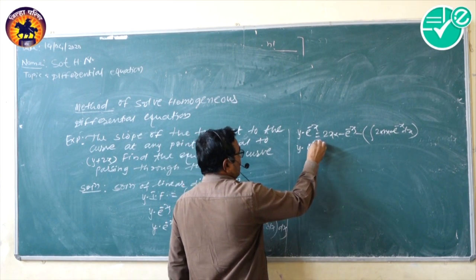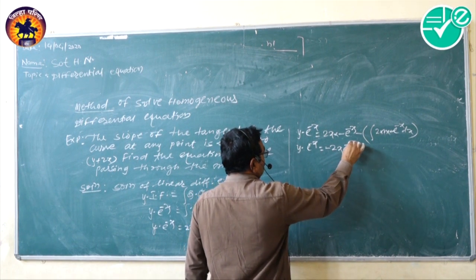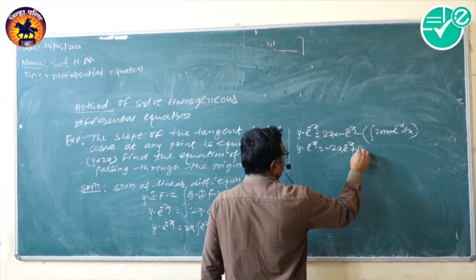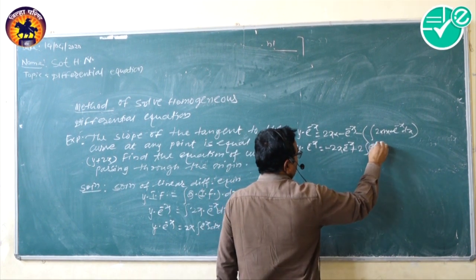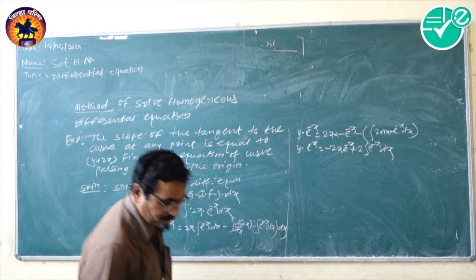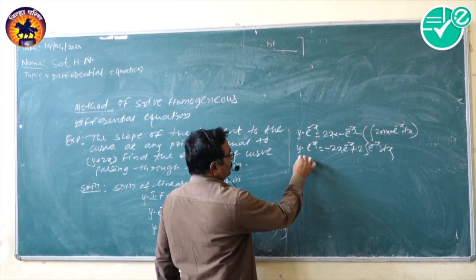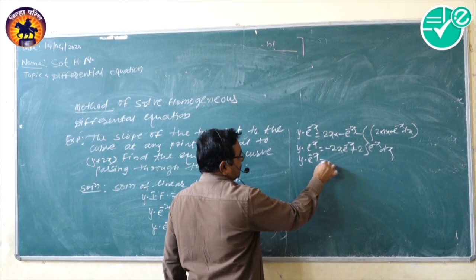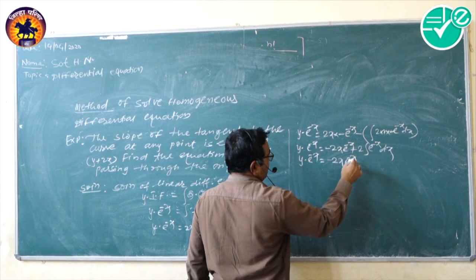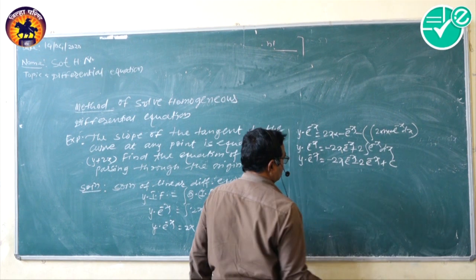Y into e raised to minus x is equal to minus 2x into e raised to minus x plus 2 into integration of e raised to minus x dx, so y into e raised to minus x equal to minus 2x into e raised to minus x minus 2 into e raised to minus x plus c.